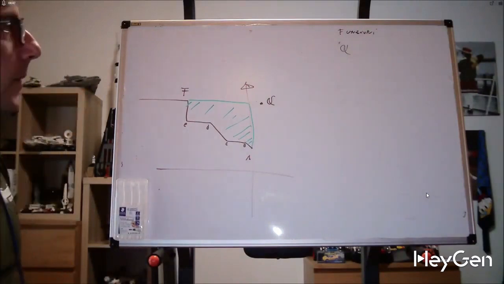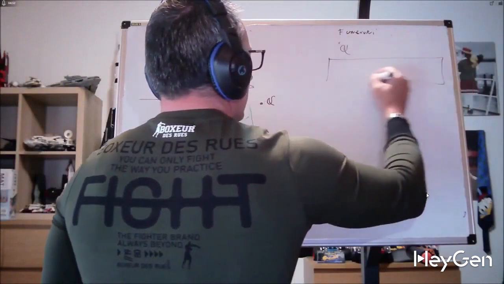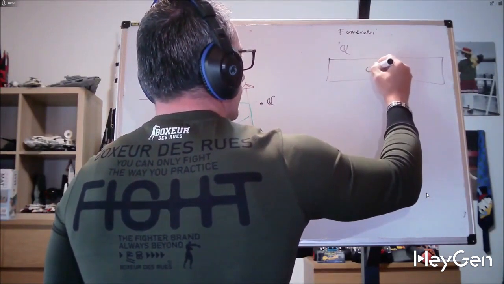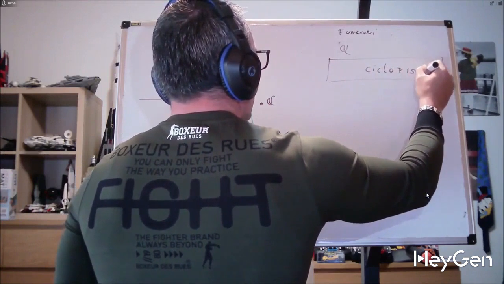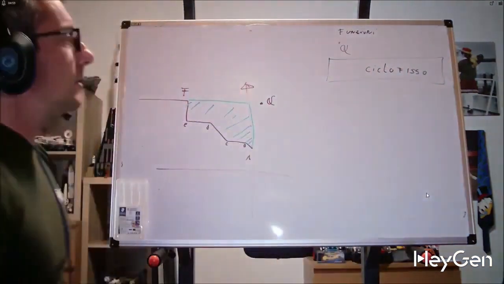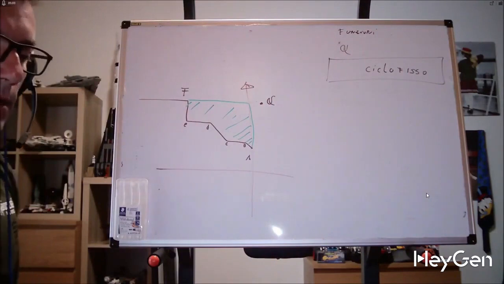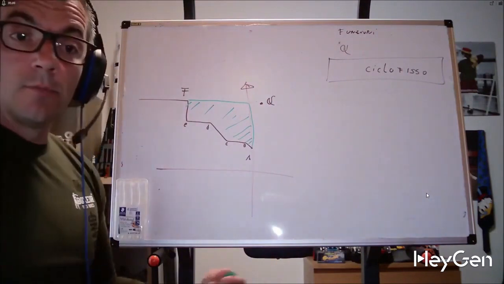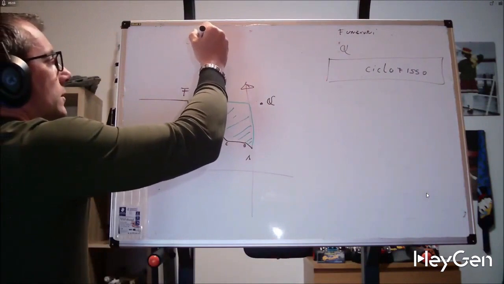At this point, we can insert our fixed cycle. Let's write fixed cycle. So, how do we identify the fixed cycle? With a G. And this G is literally saying, I'm starting a macro, follow me. In this case, with G71.